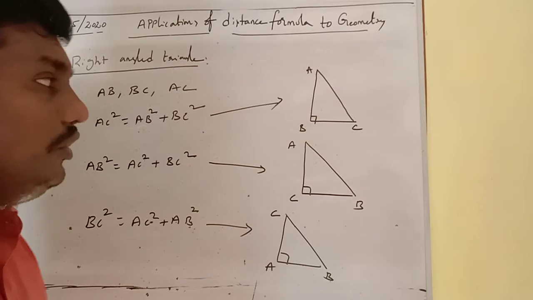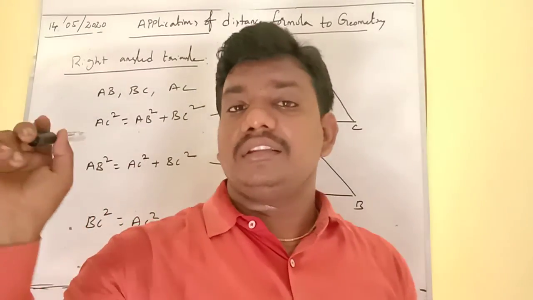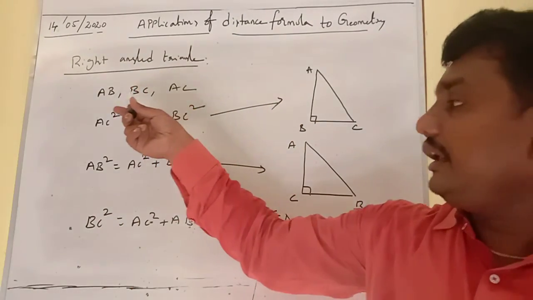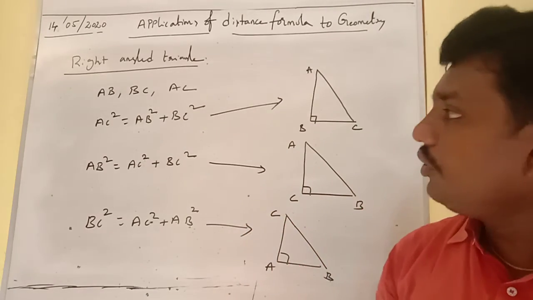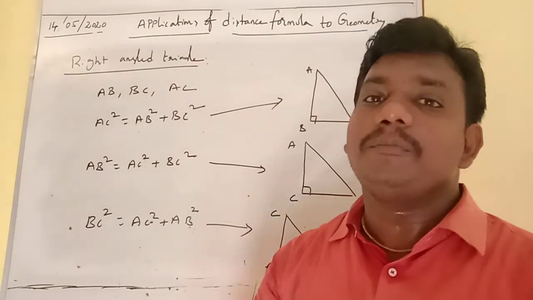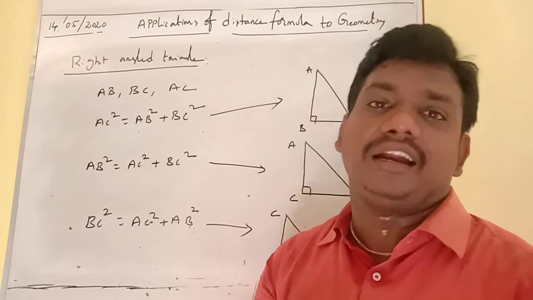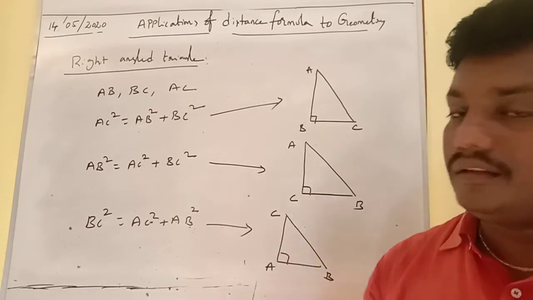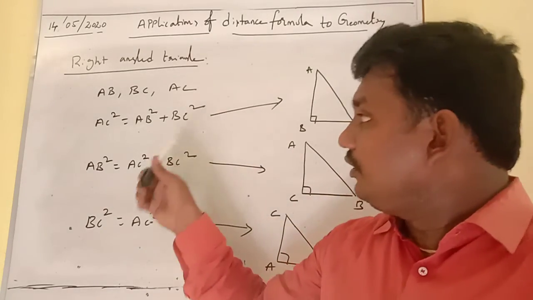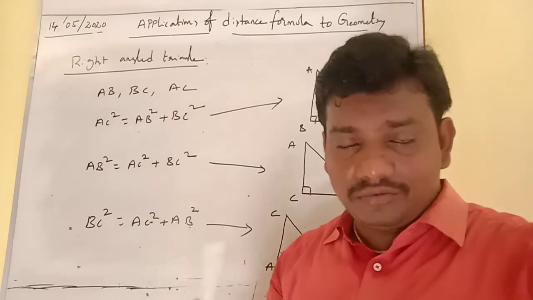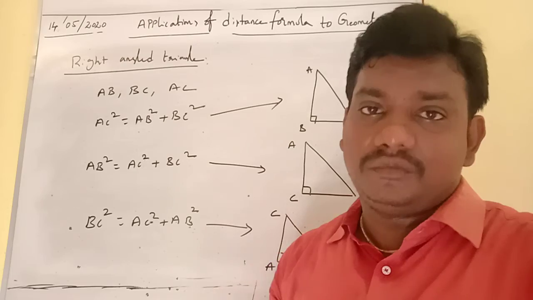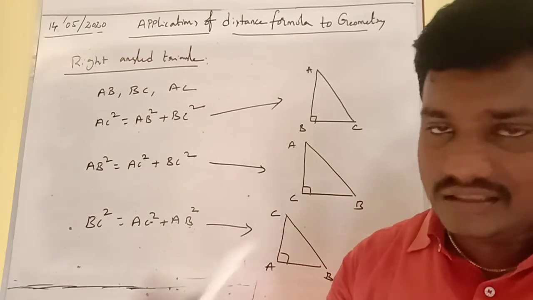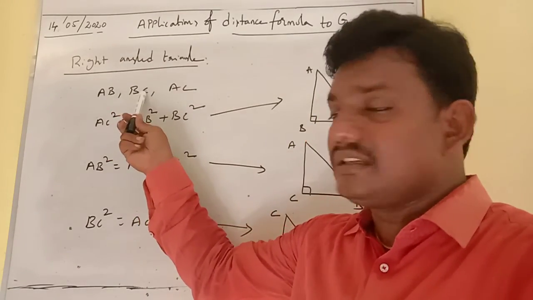If 3 points are given in coordinate geometry, how do we know whether the given 3 points form a right angle triangle? These are the three types of conditions. In all of them, we have to find the distances using the distance formula: AB distance, BC distance and AC distance.